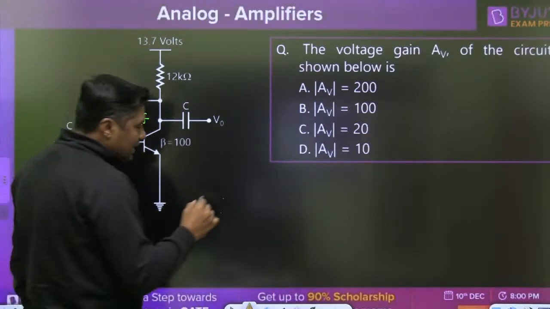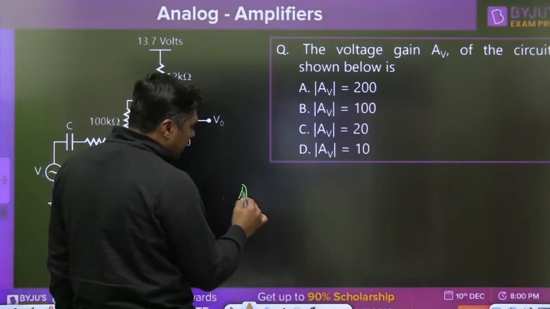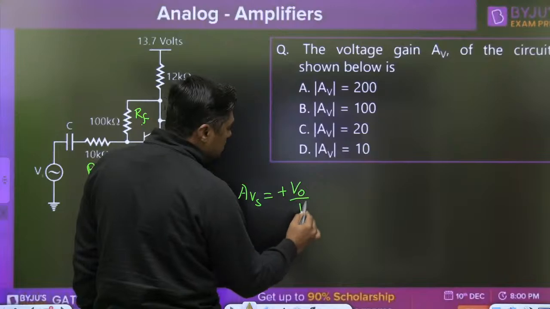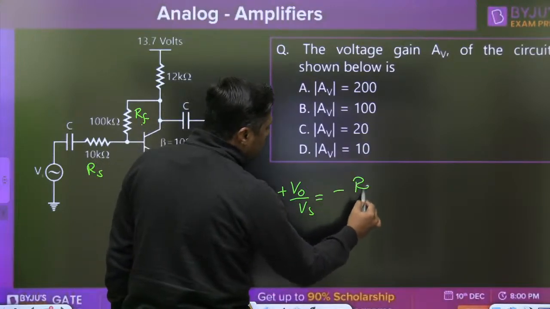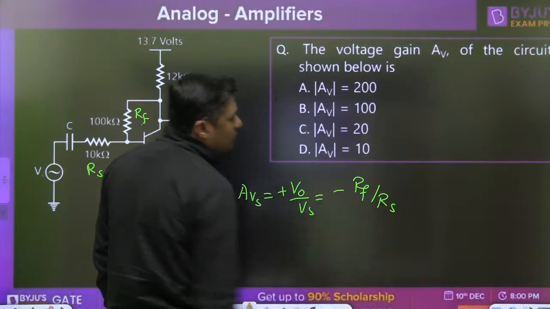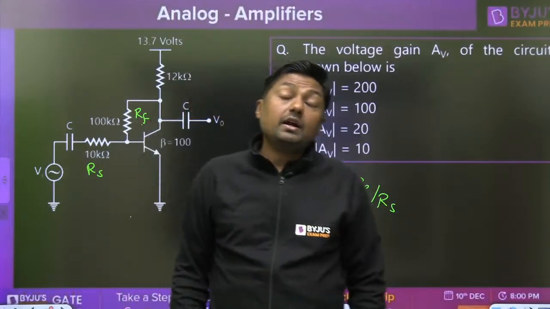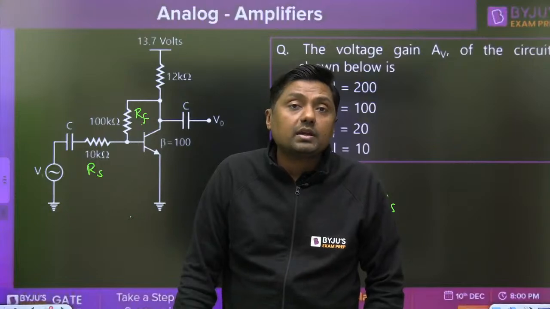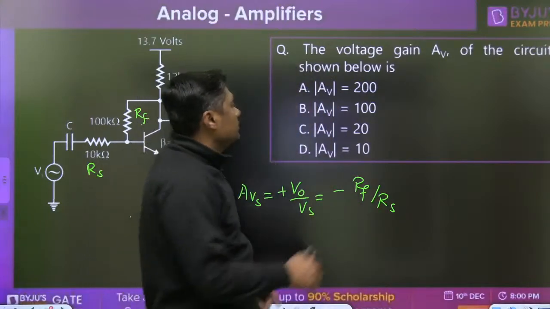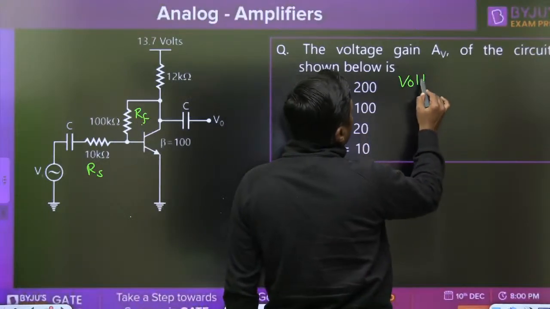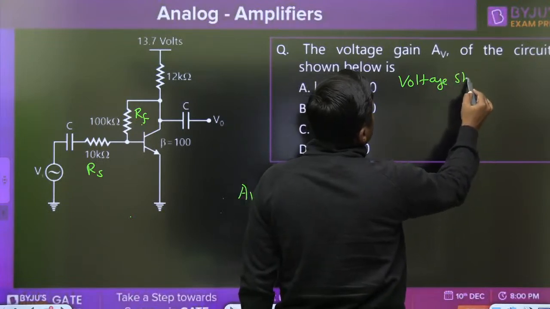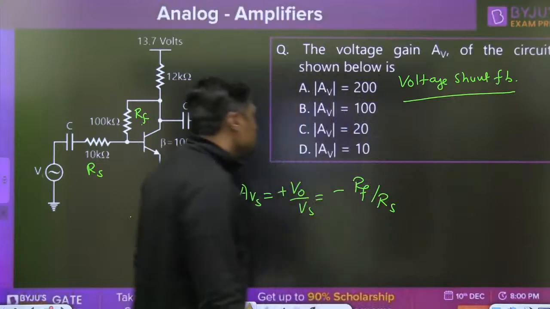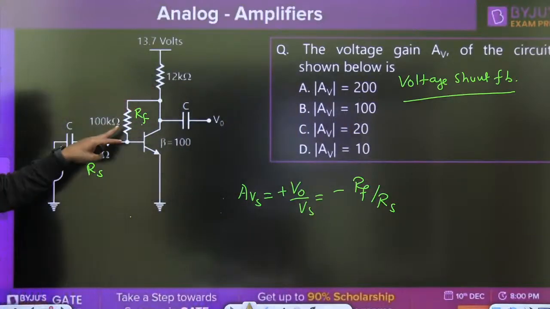Remember, directly you can give the voltage gain AVS equal to V0 by Vs, that is equal to minus RF by RS. And that is the answer from the feedback mechanism, which is voltage shunt feedback in this diagram. What is the name of the feedback? Voltage shunt feedback. Electrical or electronics students, directly we can apply that RF by RS.